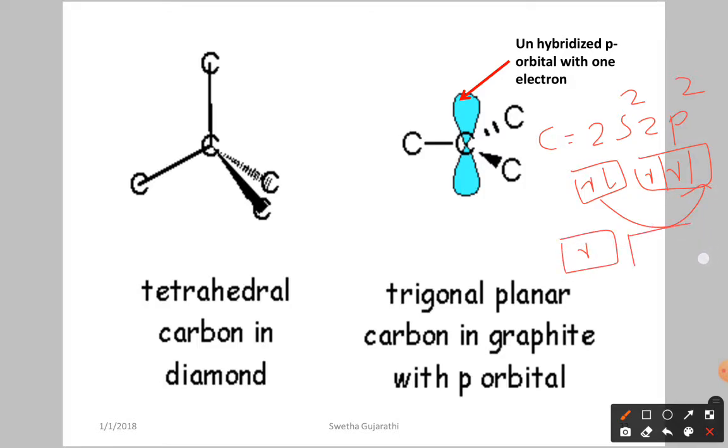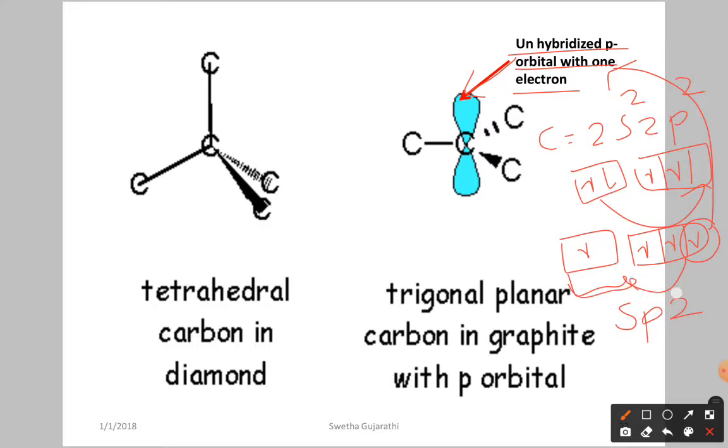Each orbital now has an unpaired electron, and it undergoes sp2. Sp2 means it is a trigonal planar structure, and we have one unhybridized p orbital with one electron, isn't it? You can see here, this is one unhybridized p orbital with one electron.